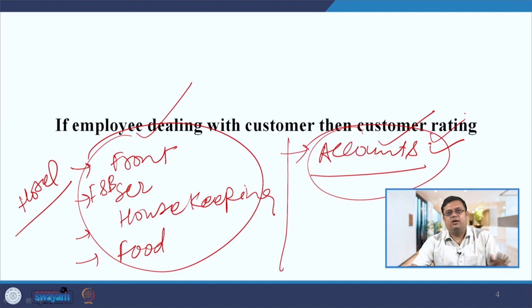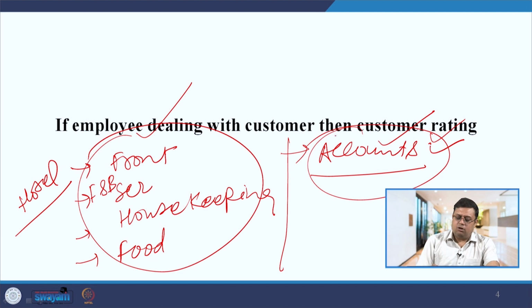In the same way, you can analyze the job profile, which type of people are directly dealing with the customer. If employees are dealing with the customer, then you should consider the customer rating also. If employees are not dealing with the customer, then you should not consider the customer rating.